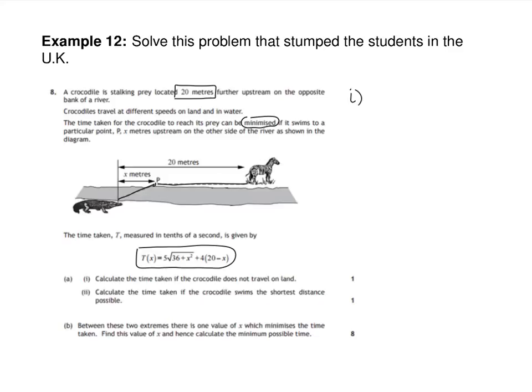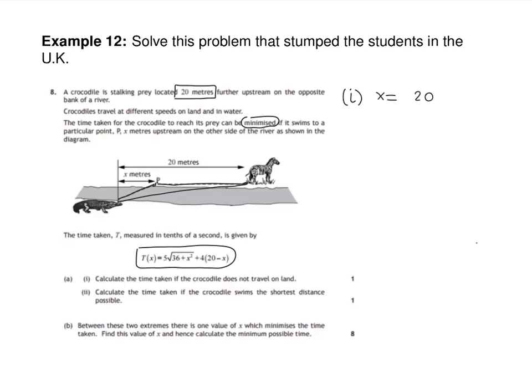So for part I, look at that picture. If the crocodile does not travel on land, then x is equal to, I think that would be equal to 20 actually. Does that make sense? Because x is how far over p is, and if he doesn't go on land, p has to be all the way over here.